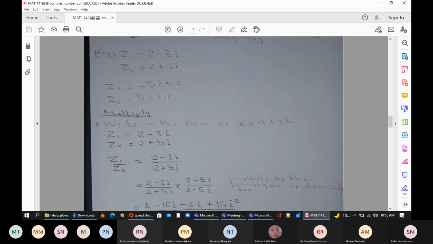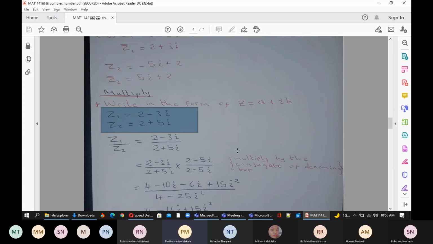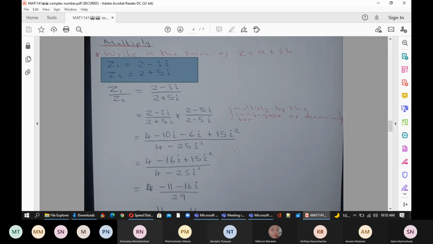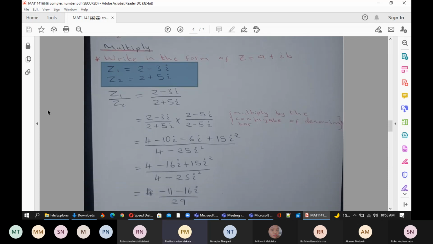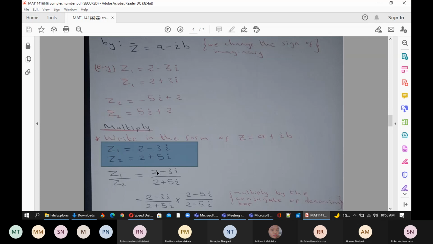They gave you two, let's use this one and that one. We are given those two equations. They say write in the form of what? z equals a plus ib. What you have to do is to divide. Are we still together?